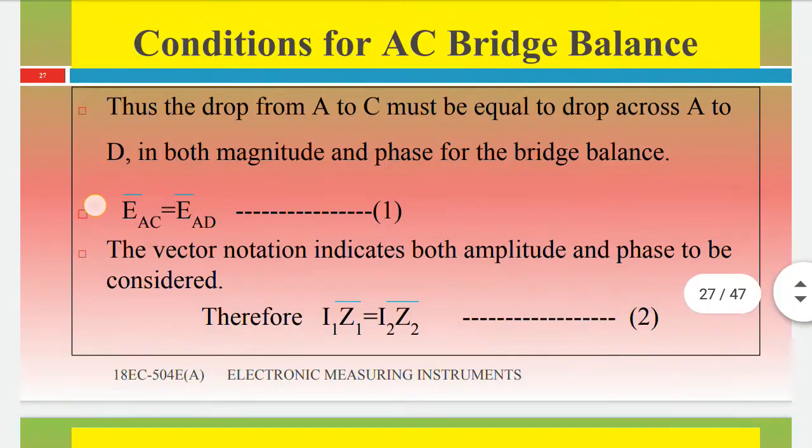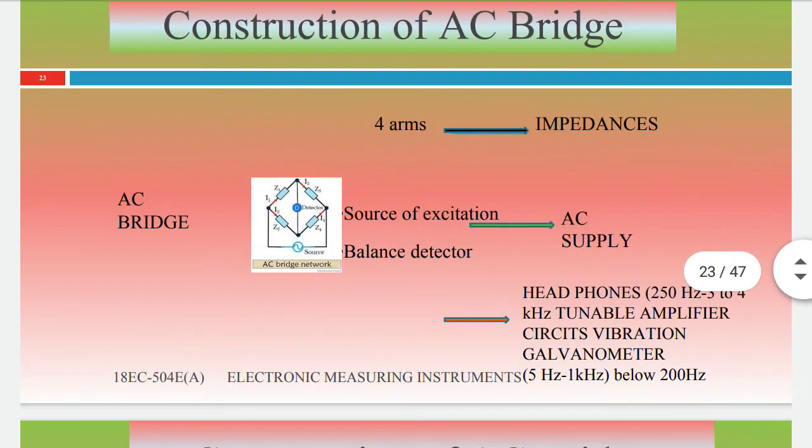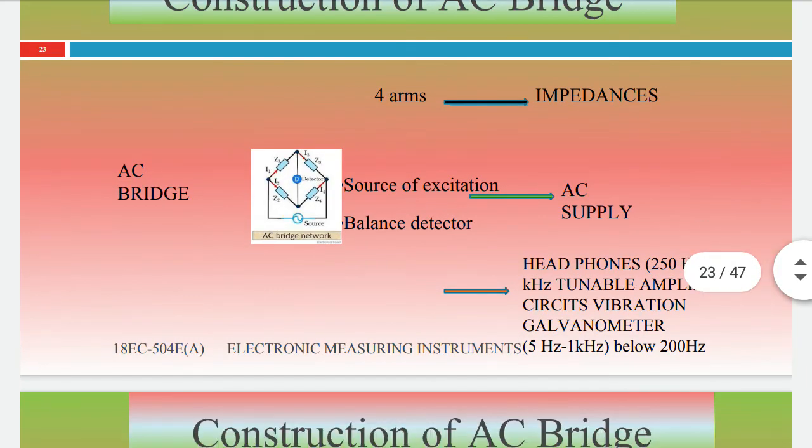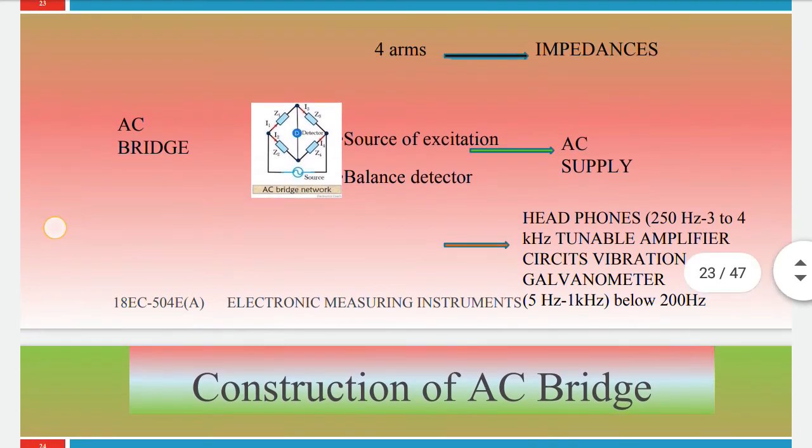AC bridge circuit. We have already seen construction of AC bridge. You can see here in the simplest form, it consists of arms, source, and detector. That is, it consists of 4 arms, and each arm consists of impedances, and the source of excitation is AC supply.